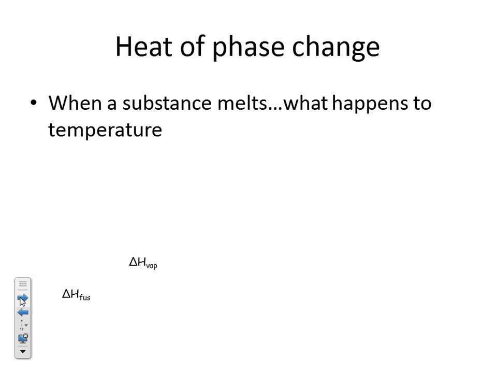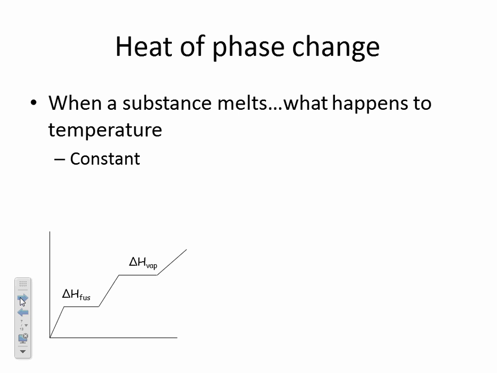Now, sometimes things will undergo a phase change, and when a substance melts, if you remember this diagram, the temperature does not change. So because of that, the ΔT in our heat calculation would be 0.